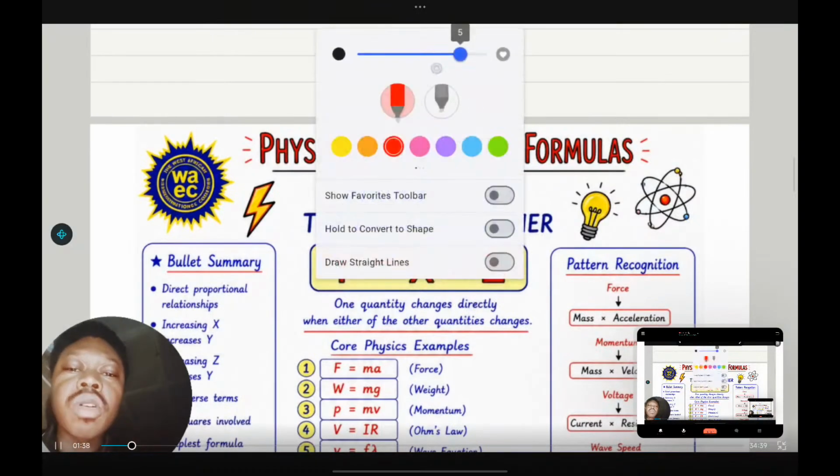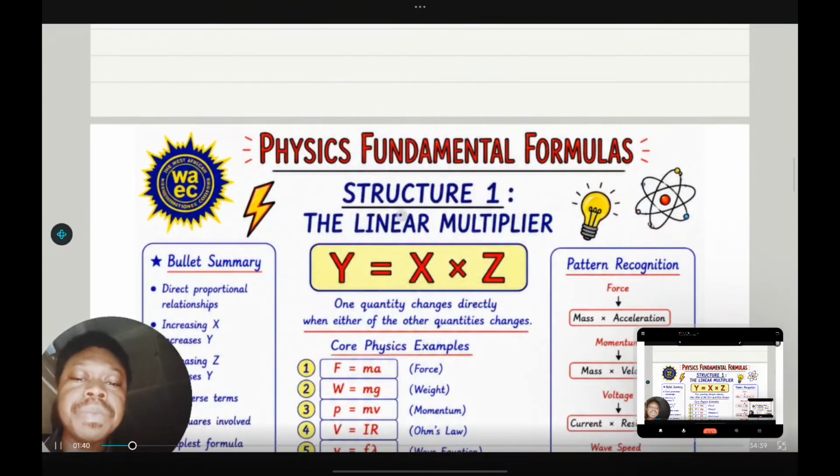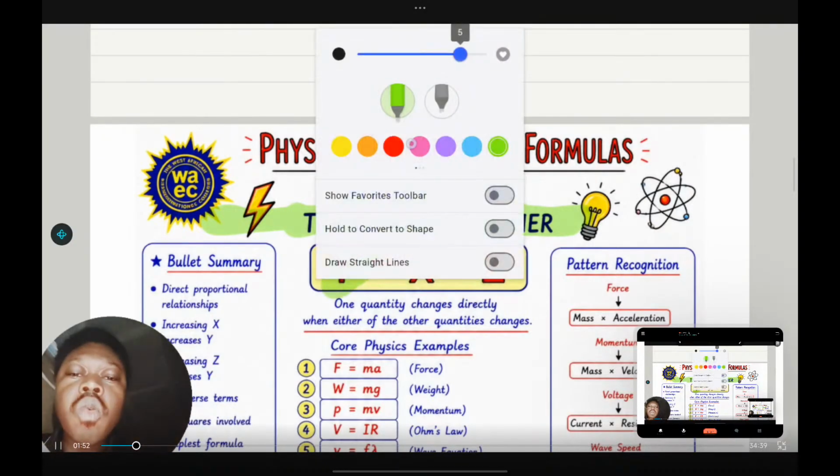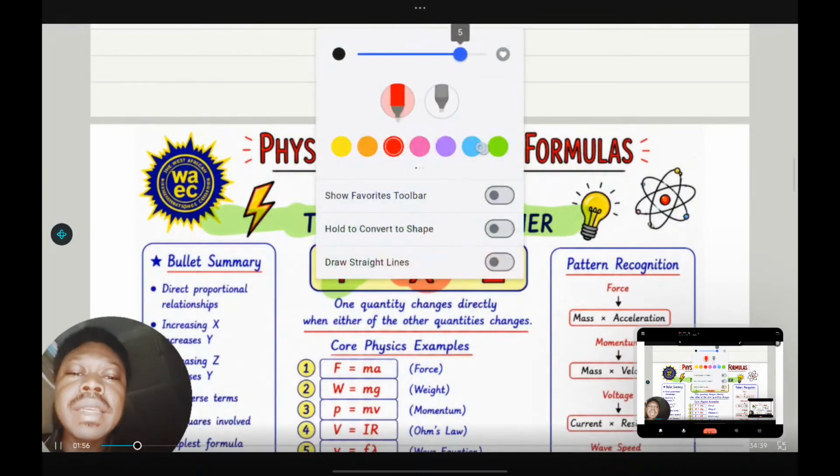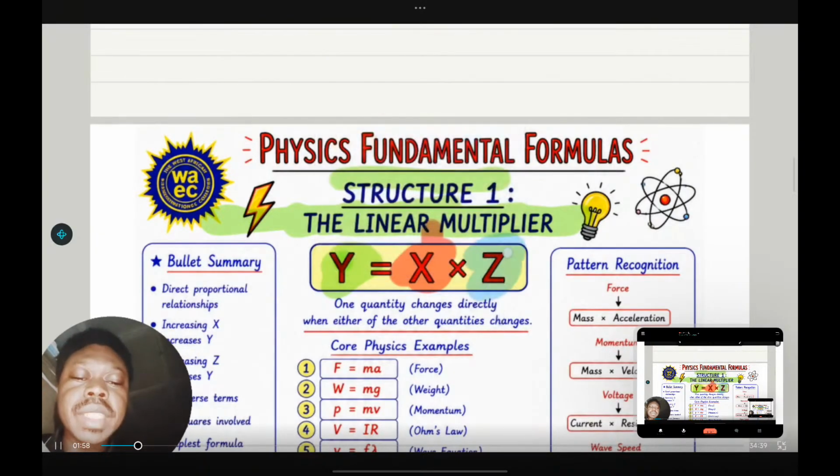So let's begin with the first structure now. The first structure, I call the linear multiplier, the straight line multiplier, and it comes in the structure of y equals x multiplied by z. You can see the structure here.